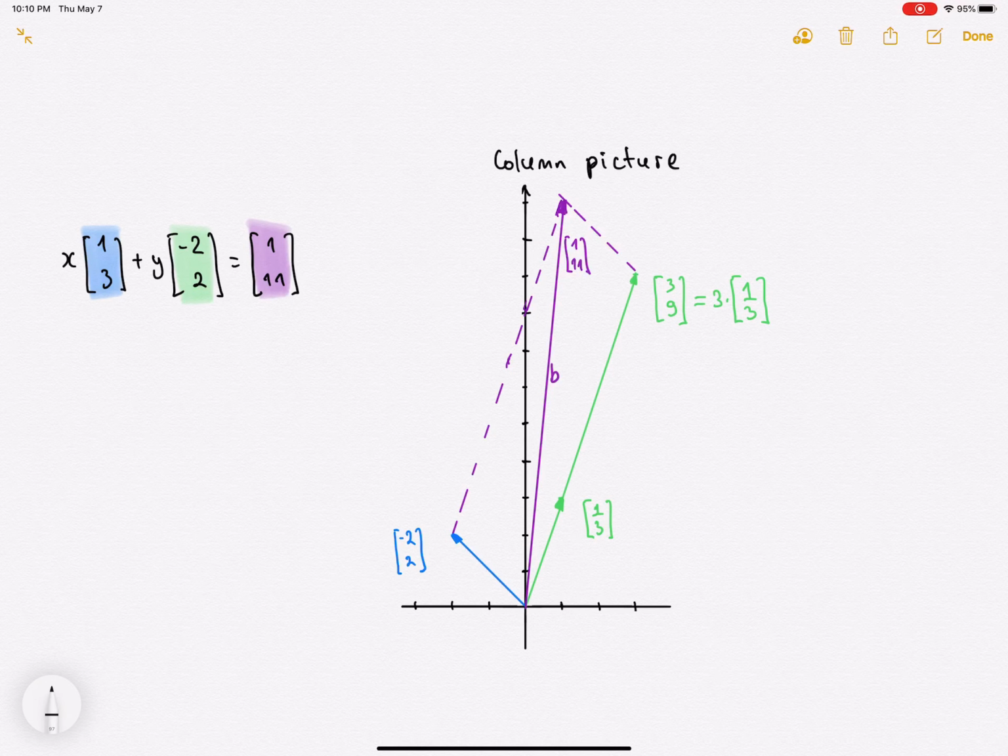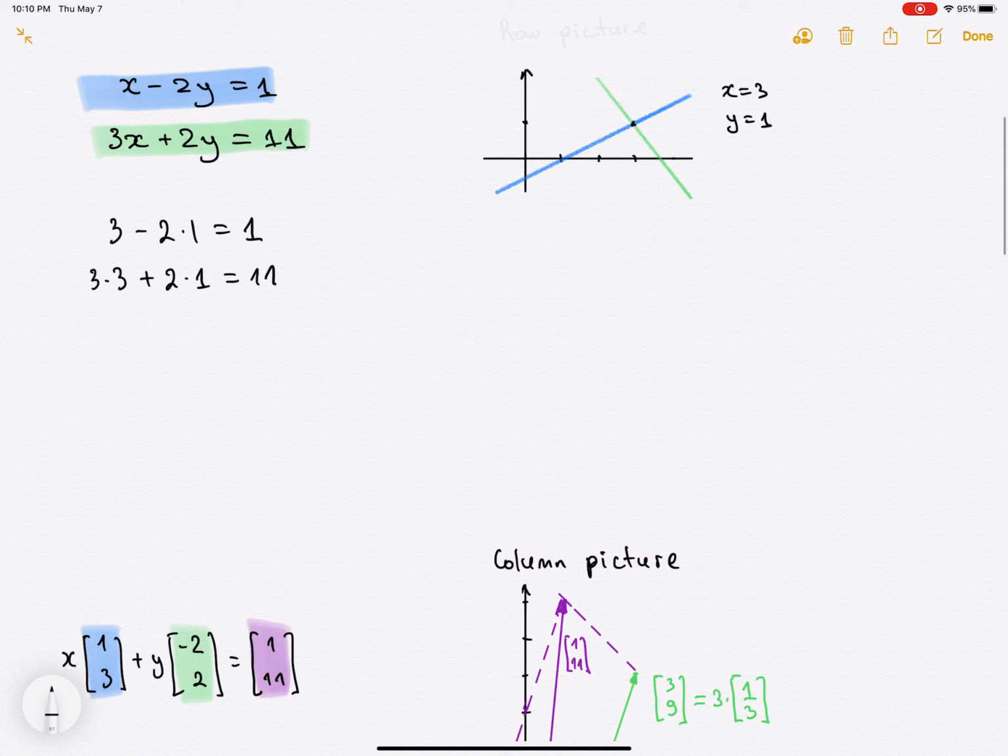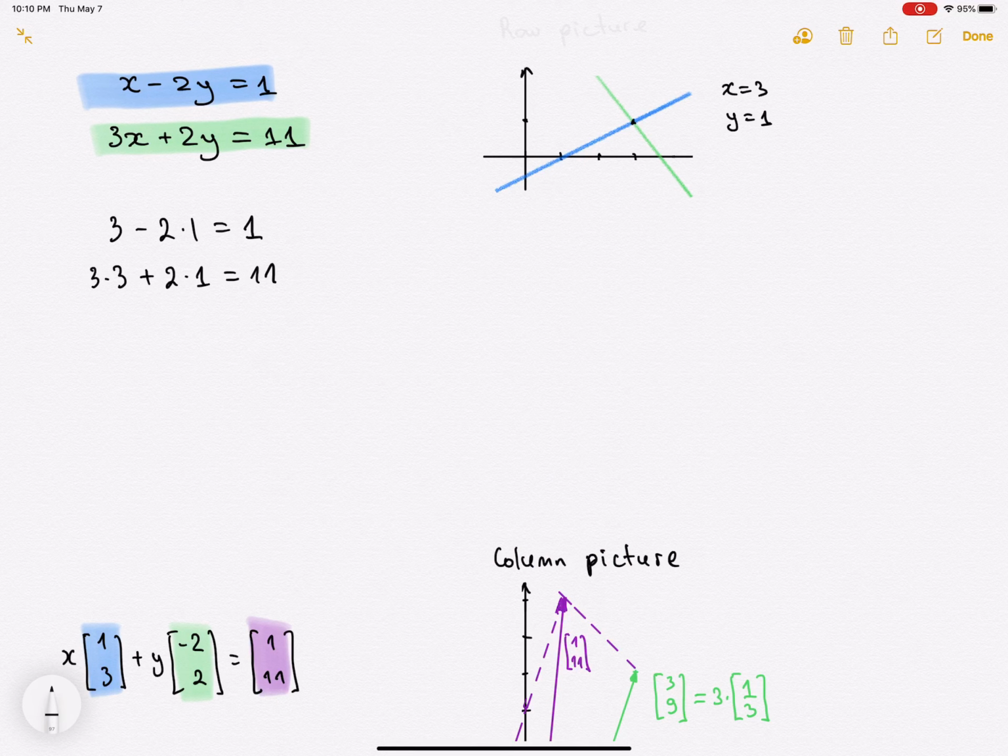If I rewrite the system, I'll just quickly scroll in. If you look at the top equations, you can describe that system of equations through vectors. In the first equation, x is multiplied by 1, whereas in the second equation, x is multiplied by 3.